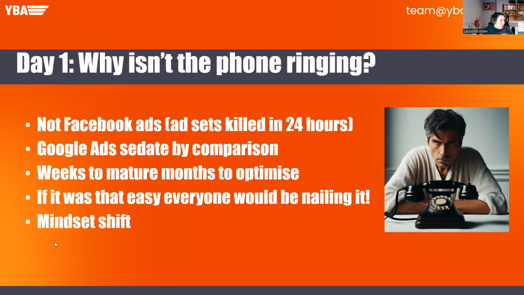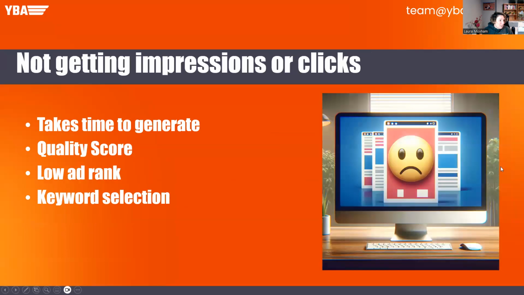Now, another aspect that comes up is, once you launch a campaign, "I'm not getting impressions or I'm not getting clicks." Well, again, this leans into the fact that Google is in its learning mode. It's understanding what makes things different and what changes need to be made.